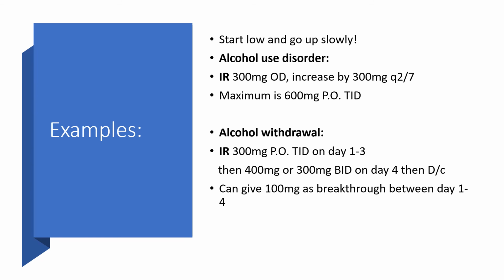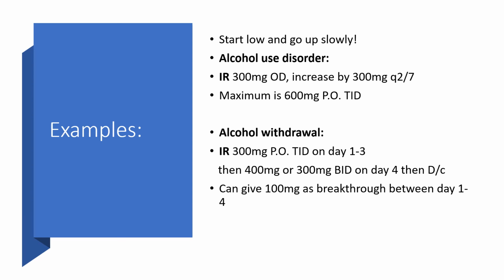Examples of where we can use gabapentin will include the following. But in all these examples, we have to start low and then go up slowly as per the dosage. In alcohol use disorder, we can use immediate release at 300 mg once daily and increase by 300 mg every 2 days, but we cannot go more than 600 mg 3 times daily.